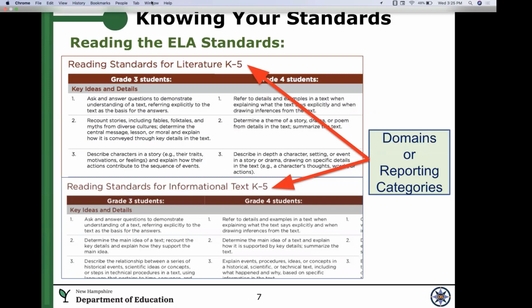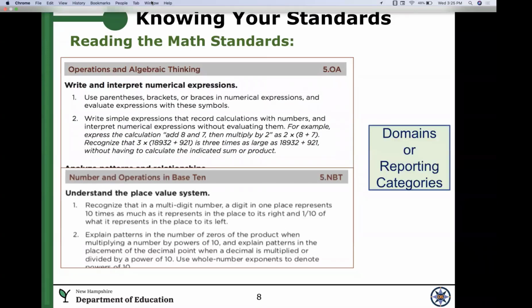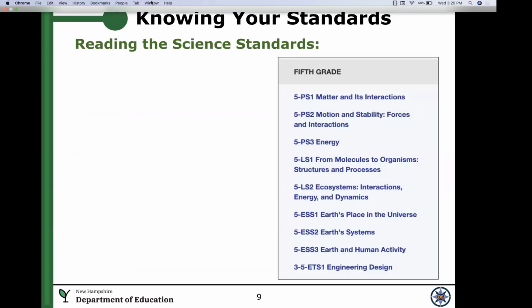All of those are your domains or reporting categories. For math, our domains are things like operations and algebraic thinking, numbers and operations base 10. Depending on your grade level, these are higher level standards that I'm showing you, but they're all organized the same way. At the top, you're going to have your domains or reporting categories.